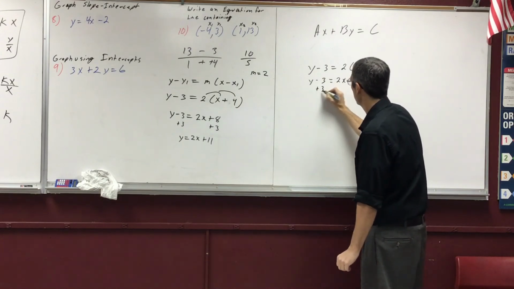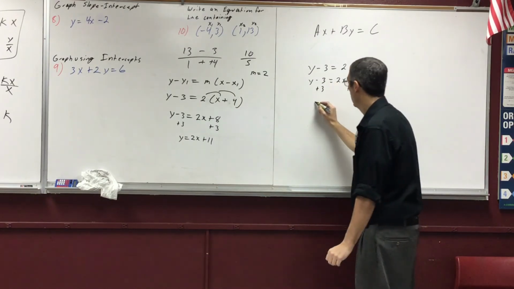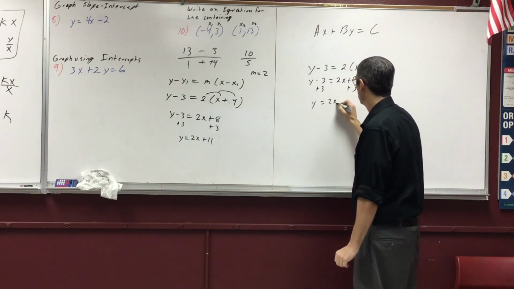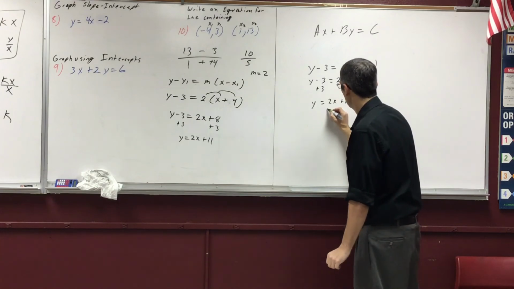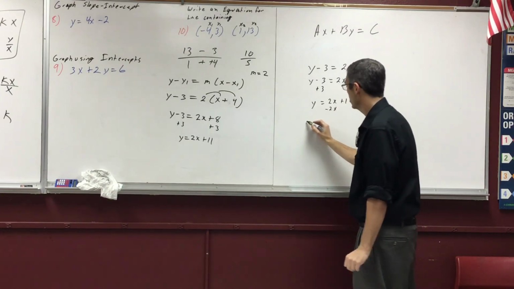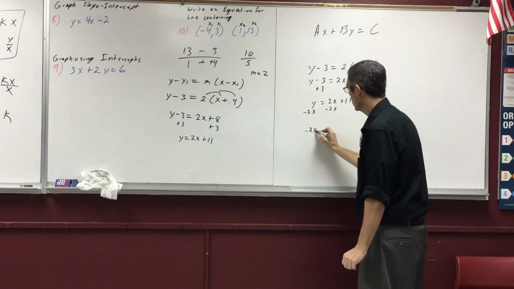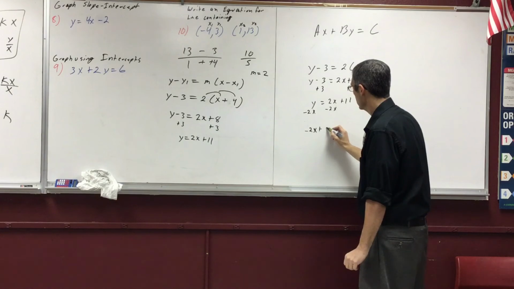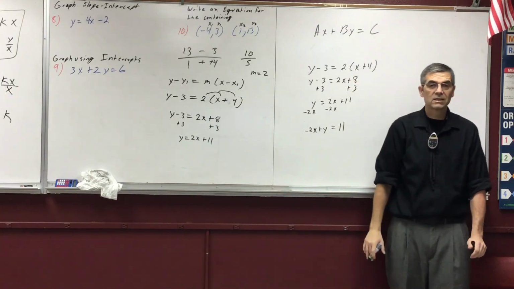Let's add the 3 to both sides. Basically, I put it back into slope-intercept form: y equals 2x plus 11. Now, subtract 2x from both sides. Negative 2x plus y equals 11. It looks like it's in standard form.